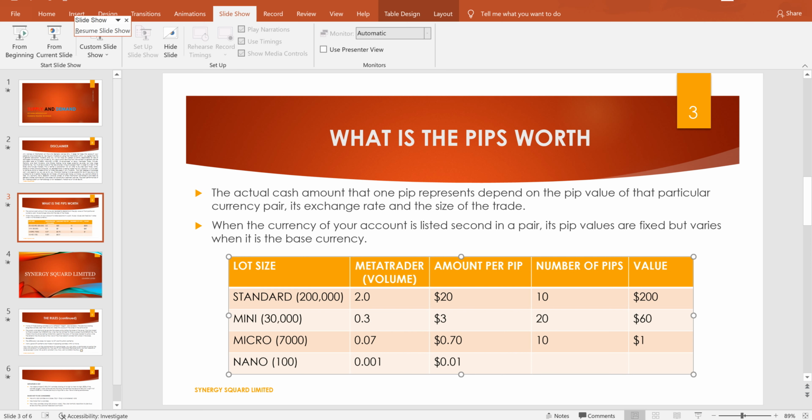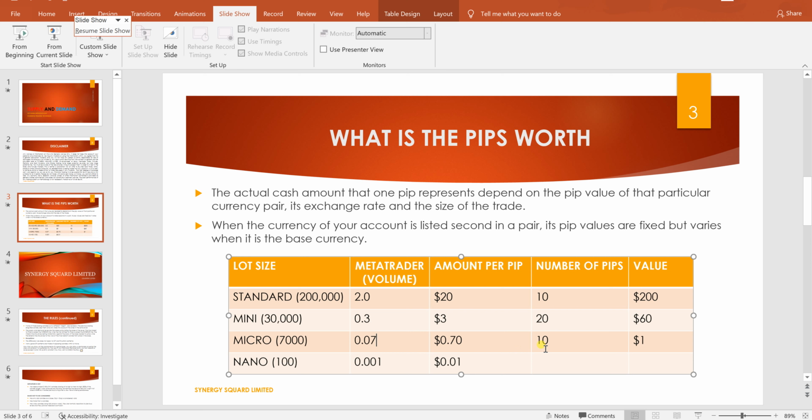So here, if you are using 0.07 volume in this micro lots, controlling 7,000 units of currency, then the amount per pip will change to 70 cents.